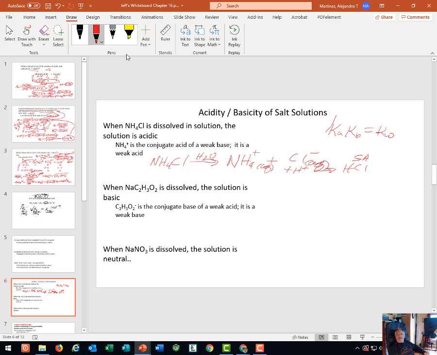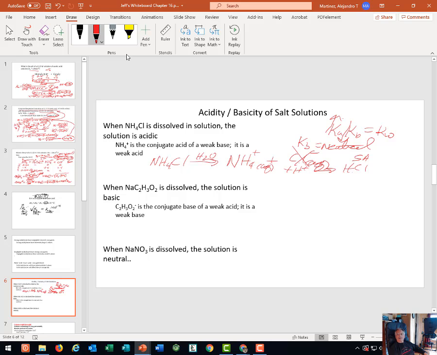The bigger the Ka, that is, the stronger the acid, the weaker its conjugate base. So since the conjugate acid of chloride ion is HCl, that means that the Kb for chloride ion is going to be neutral. So chloride ion is not going to affect the pH of the solution. It will be completely neutral. We don't need to worry about it.